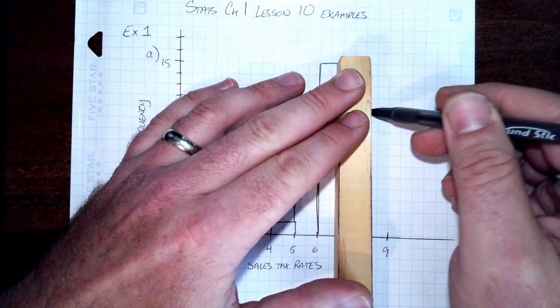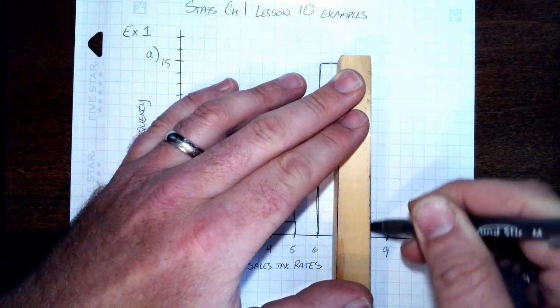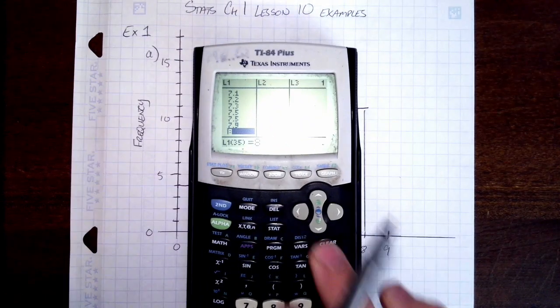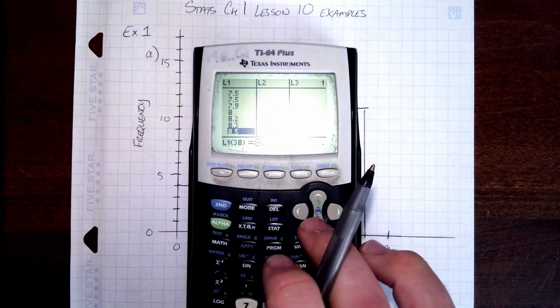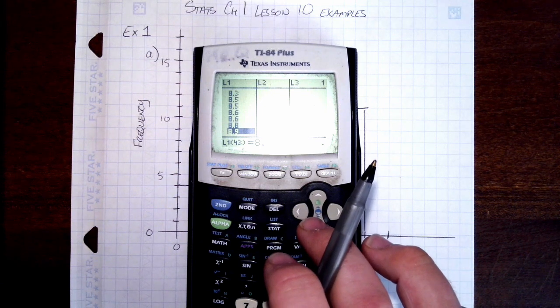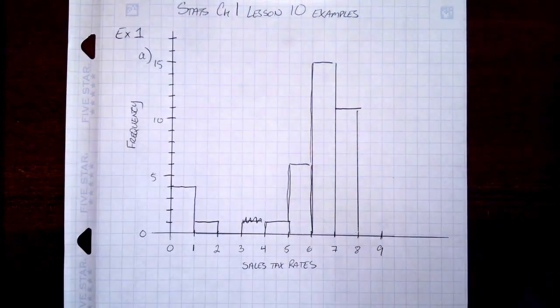Our 8% range, 1, 2, 3, 4, 5, 6, 7, 8, 9 of those.